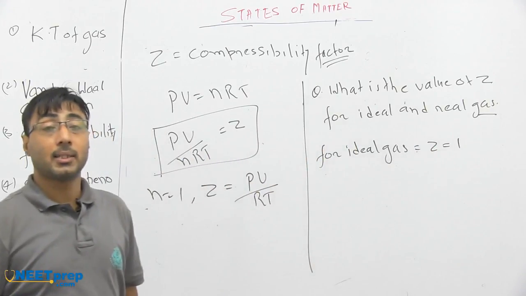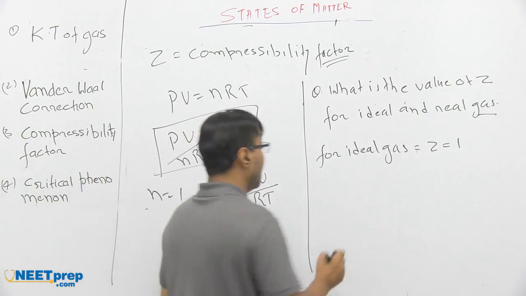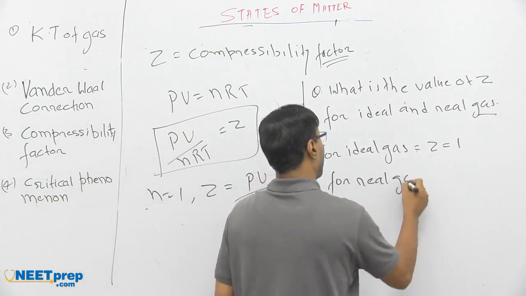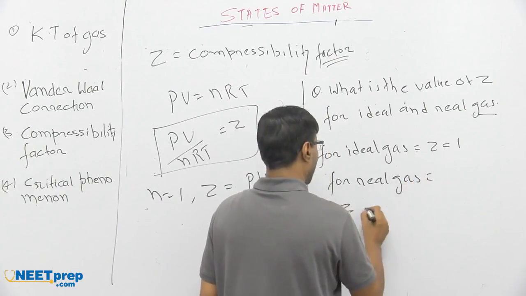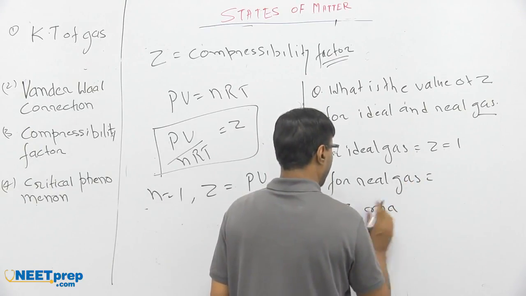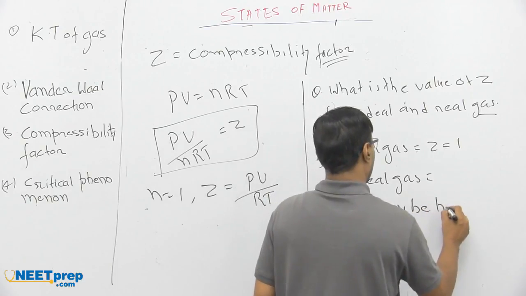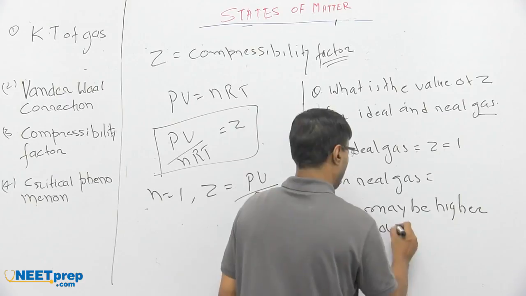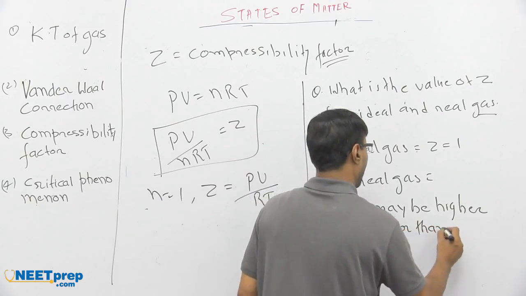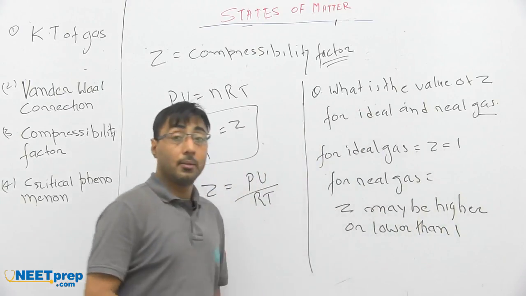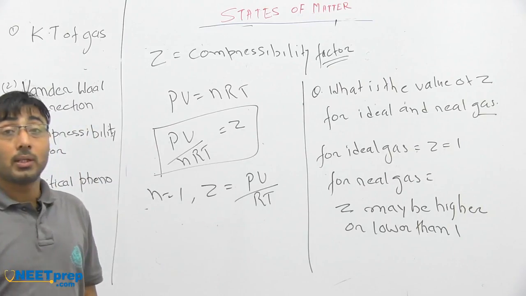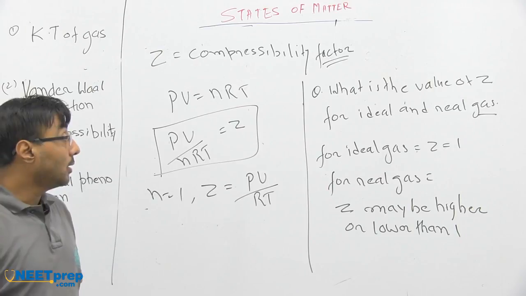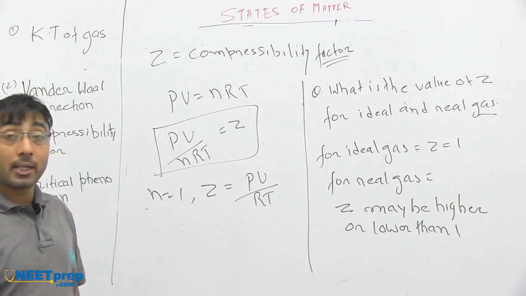For a real gas, Z may be higher or lower than 1. If Z is equal to 1, it's an ideal gas. If Z is not equal to 1, it's a real gas. It can be higher than 1, it can be lower than 1.